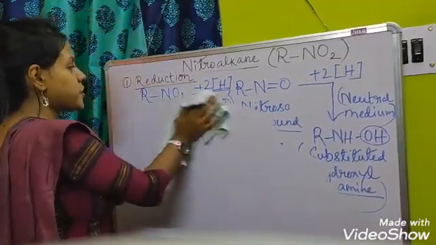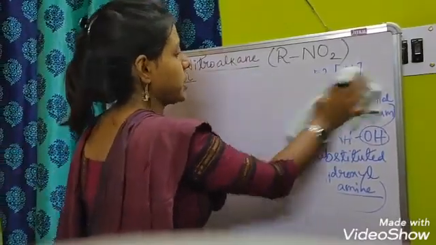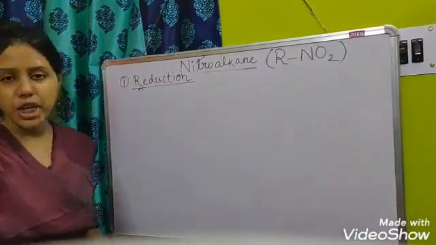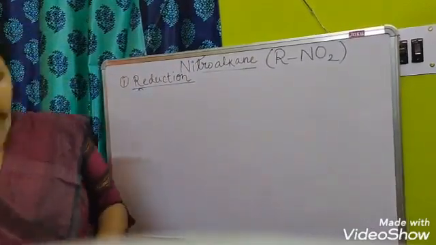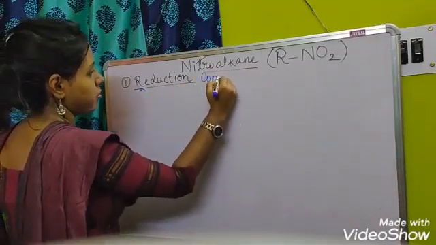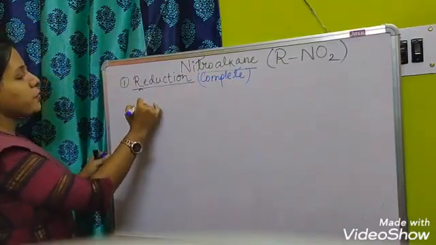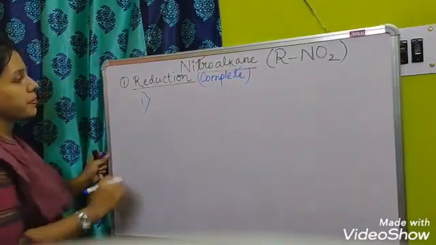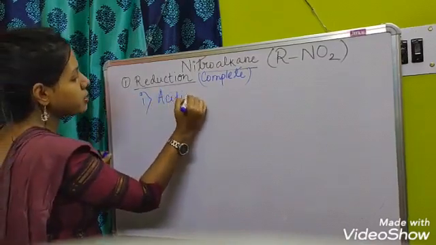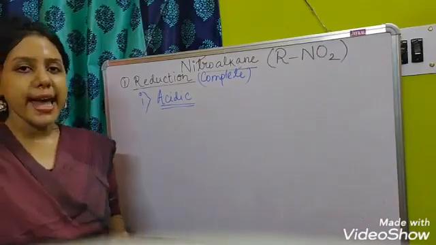Now here this reduction also can be classified into 2 types. The first one is complete reduction and the second one is partial reduction. Okay, so first we will discuss complete reduction. So the first type is when we are using acidic medium, that means when you are using an acid.